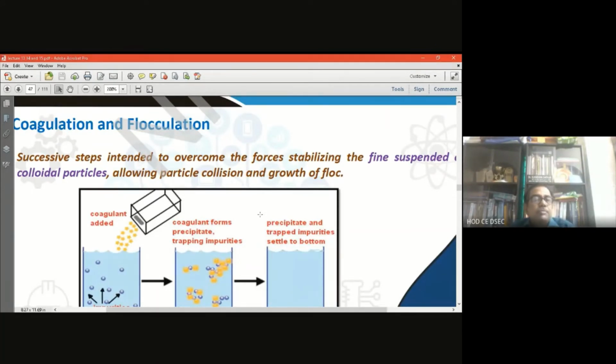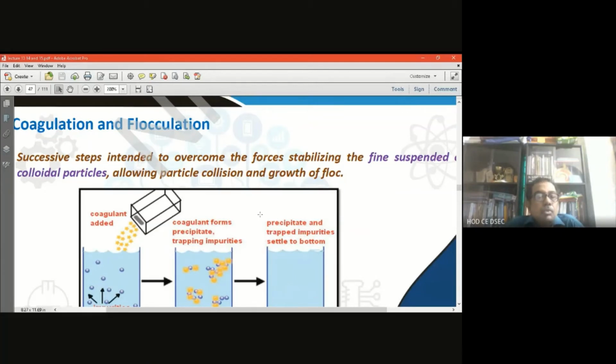So coagulation and flocculation, the physicochemical process followed in the water treatment process, I will discuss in detail. This is very, very important in the water treatment process. Again, I am telling that coagulation, flocculation is a physicochemical process of water treatment which is followed after the plain sedimentation.